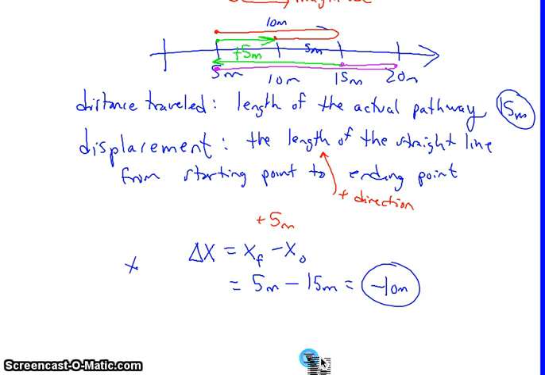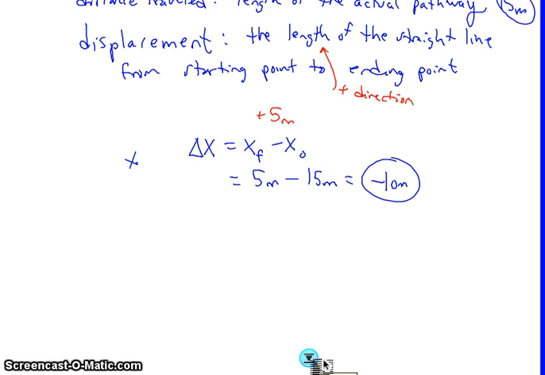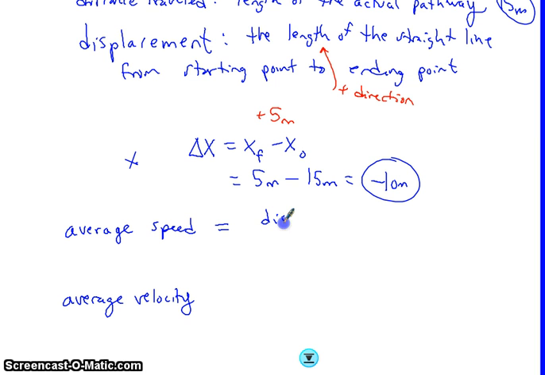So one last thing, while we're talking about these terms, let me just go back to the idea of speed and velocity, and I want to give you an equation for average speed and an equation for average velocity. So average speed is distance traveled, remember that's not a vector, divided by elapsed time.